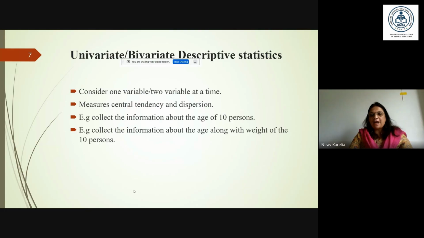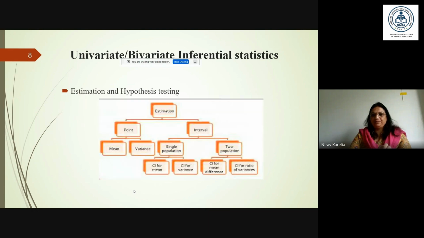For categorical data, you put the data in frequencies. Here also you just describe your data. Suppose 30% have a disease, 40% do not have a disease, like this. If you describe your data, it is known as descriptive statistics.